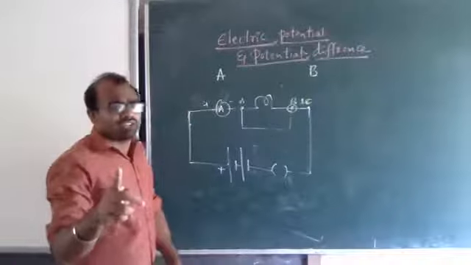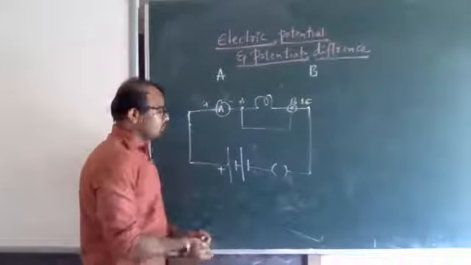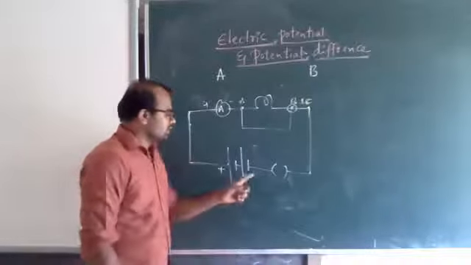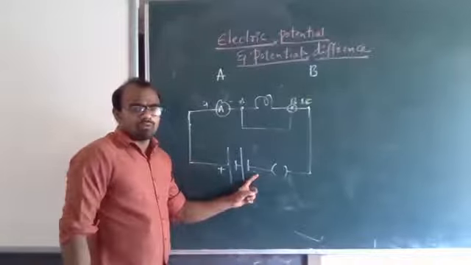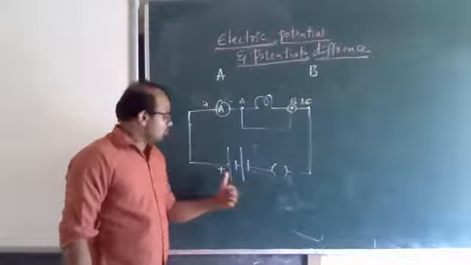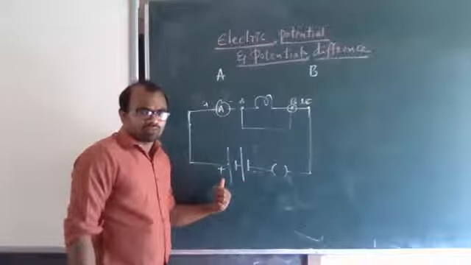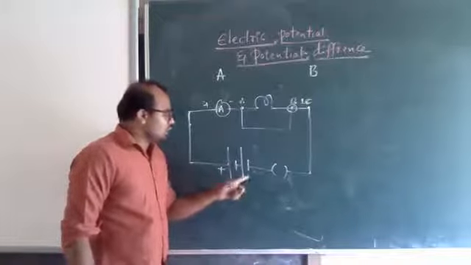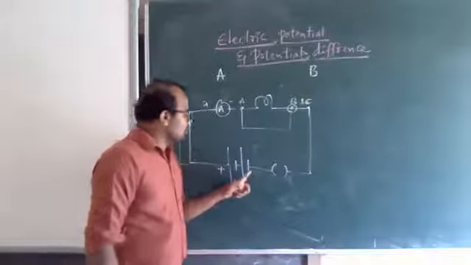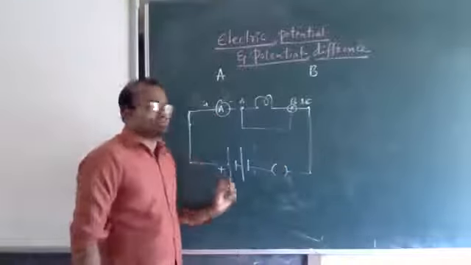See, the potential difference is given by this battery. Are you agreeing? Why? Because, listen clearly, the negative part of the battery is having more electrons, and the positive part of the battery is having fewer electrons. So electrons are moving from the negative terminal of the battery to the positive terminal of the battery.